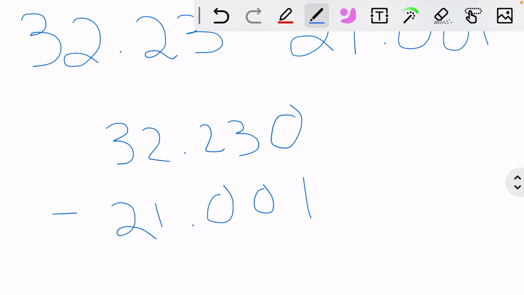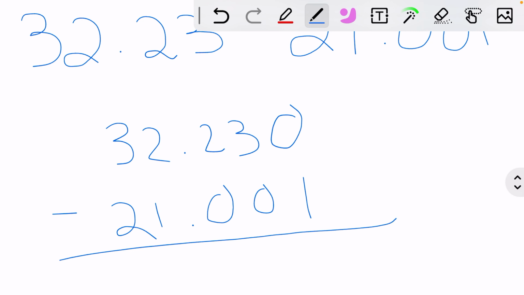Now you can't put the 0 right up in there, because that'll change the value of the number. But for this problem, you can just add a 0 to make sure that both numbers have 3 decimal places, and then you can just subtract as normal. Like that.